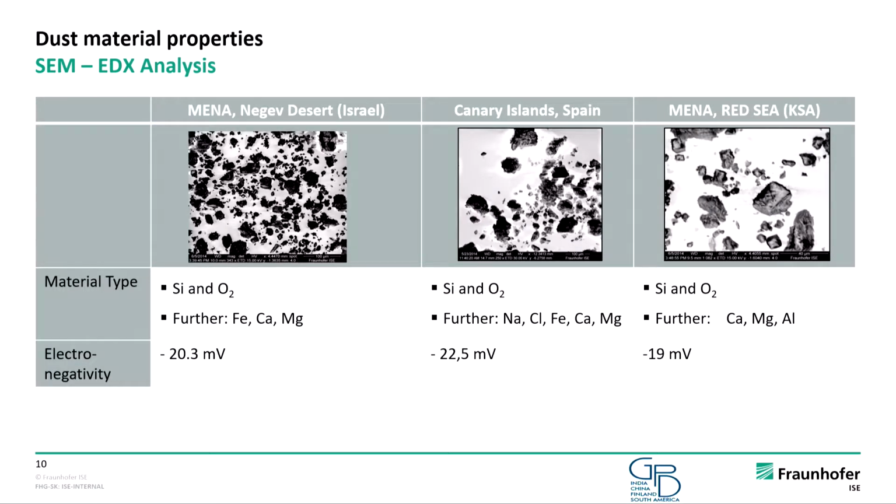And for the analysis of the chemical composition, of course our mineral dust has materials like silicon and oxide, but for the maritime location, it also has ions, namely sodium and chloride, which are not found in locations further away from the ocean or from the water.